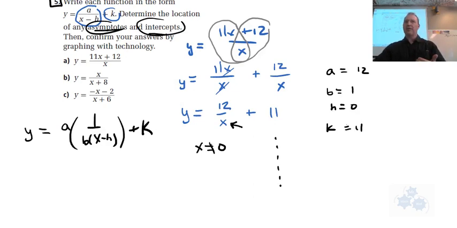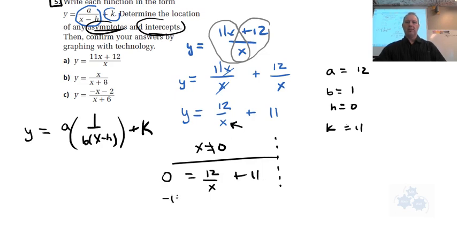We already know that x can't equal 0. So we've got a little bit of a hint that there can't be a y-intercept. If x can't equal 0, that means there's no y value for that x. But what if you didn't realize that? Could we just put a 0 in here and solve for x? Would that actually work? Yes.